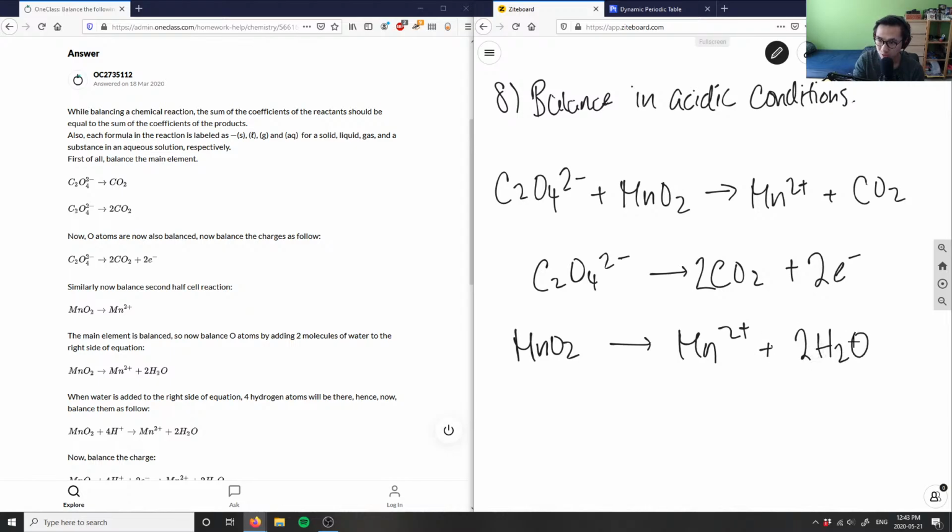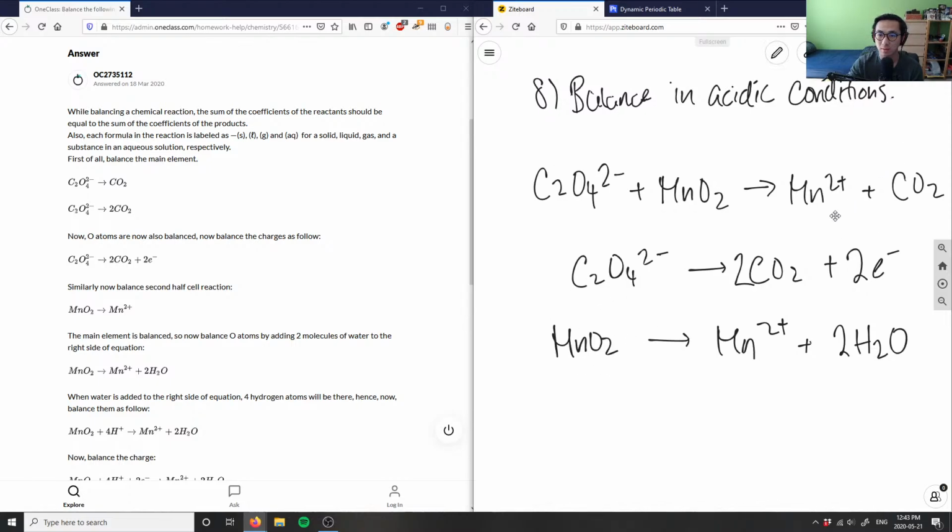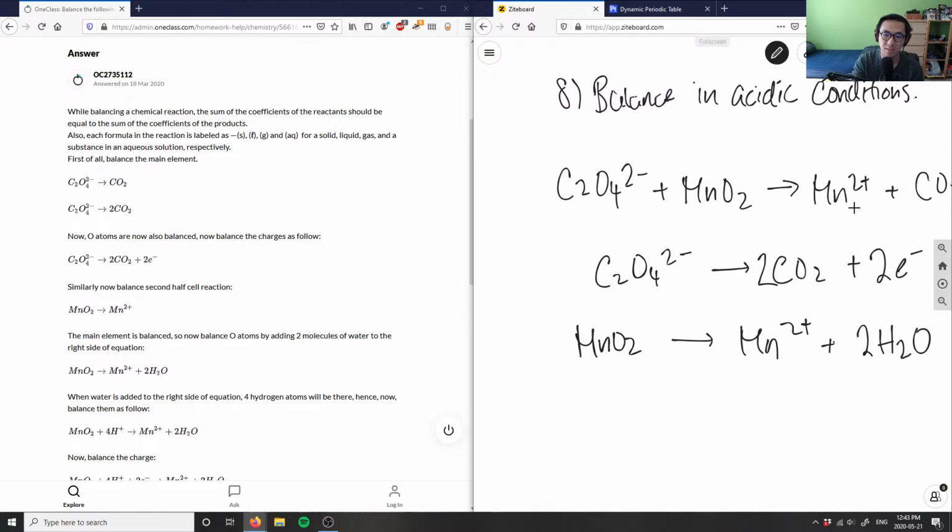I have 2 H2O on this side, which is 2 oxygens, but I also introduce 2 times 2 is 4 hydrogens on this side. So therefore, I'm going to have to balance out 4 hydrogens on the other side as well. So I'm going to add 4 H plus. And we have an abundance of H pluses because we are in an acidic condition here. So this is 4 H plus, MnO2 here.